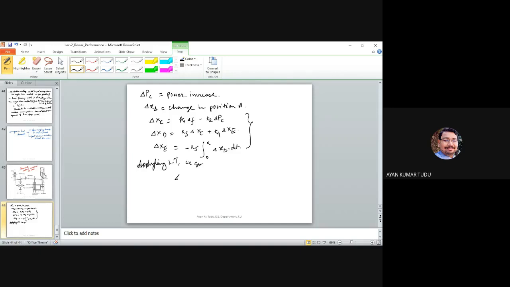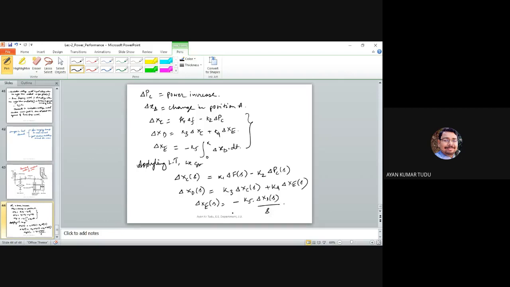So we are getting delta XC(s) equal to K1 into delta F(s) minus K2 into delta PC(s). Delta XD(s) is equal to K3 delta XC(s) plus K4 delta XE(s), and delta XE(s) is equal to minus K5 delta XD(s) by s.